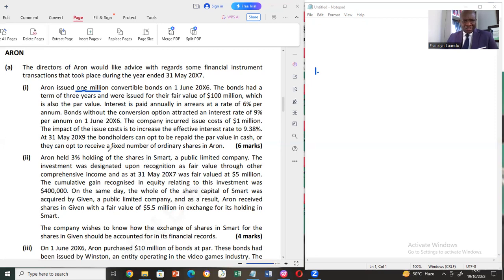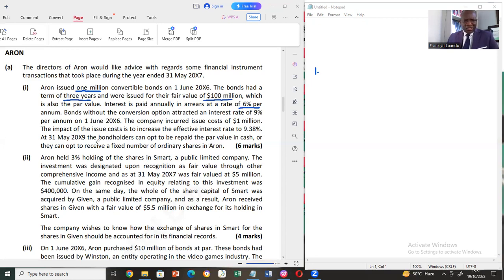The bond had a term of 3 years, so we need to discount for 3 years, and were issued for their fair value of 100 million, which is also the par value. Interest is paid annually in arrears at a rate of 6% per annum.